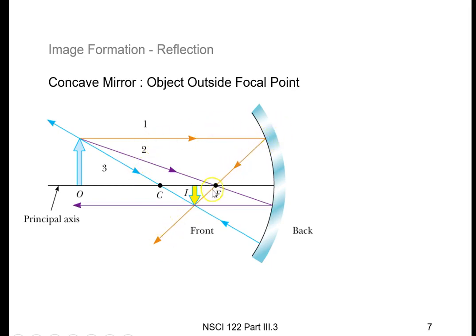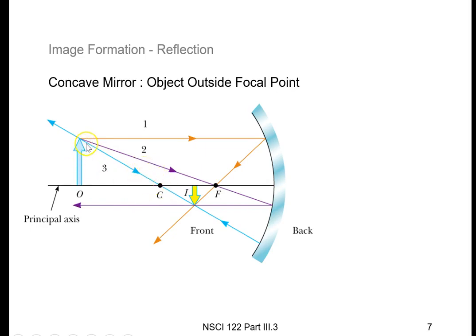So there you see that reflected ray going through point big F. The next ray that they draw is this purple one that goes through the focal point. Well, if you do the reflection there, that reflected ray is going to be reflected parallel to the optic axis. So any ray that goes through the focal point will end up getting reflected parallel to the optic axis. And then the last ray that they draw is one that goes through the center.